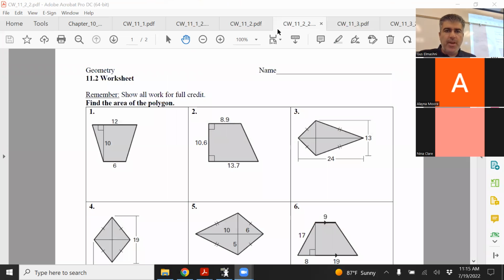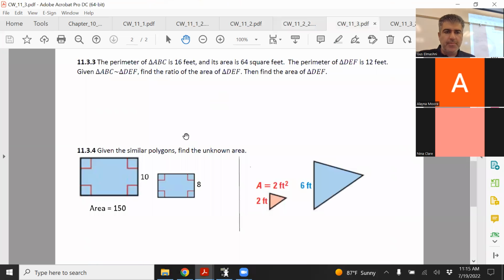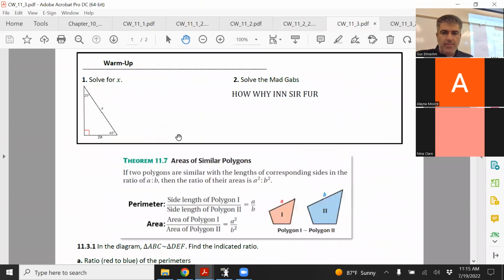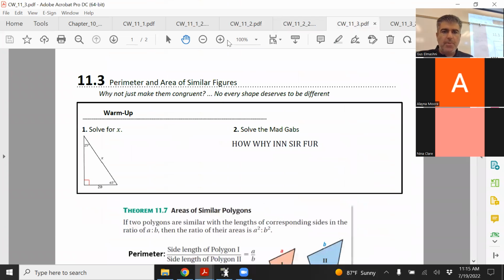So let me briefly talk about 11-3. Okay, so this is perimeter and area of similar figures. You want to solve for x, and you have 2 angles. It's up to you which angle you want to use. Let's say I use this angle here.